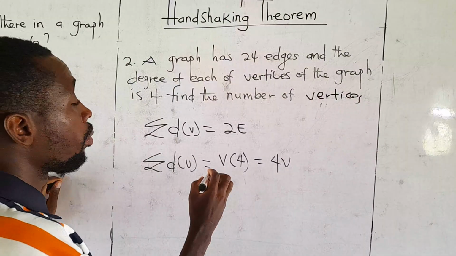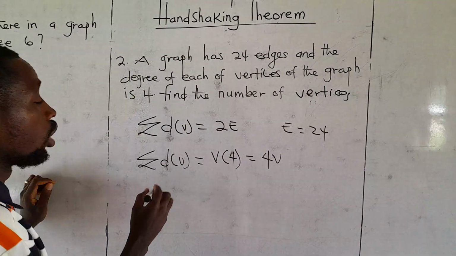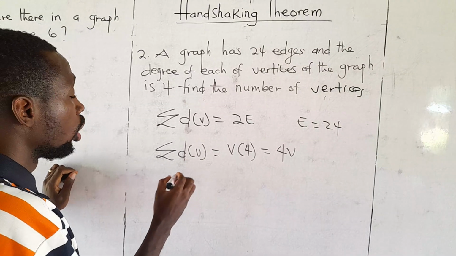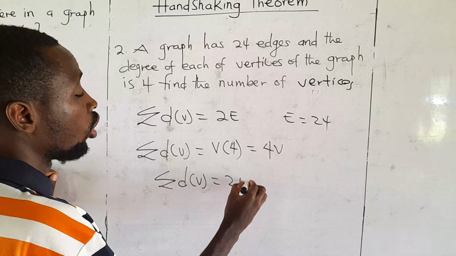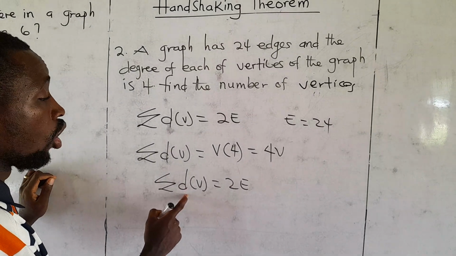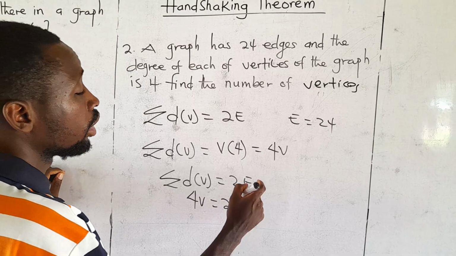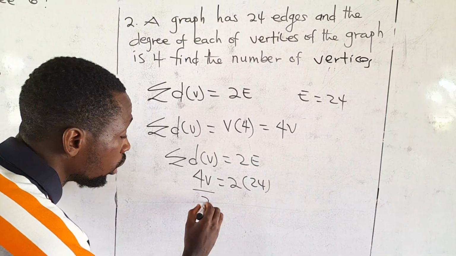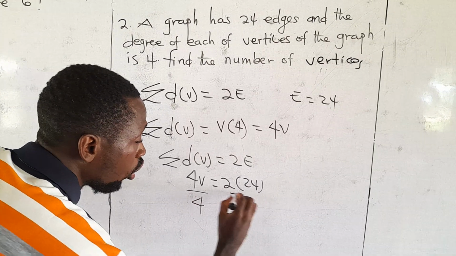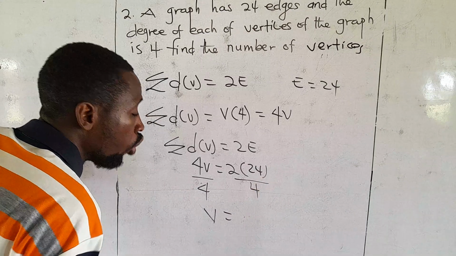The number of edges is 24. So by the handshaking theorem, 4v is equal to 2 times the number of edges, which is 24. Now we can divide both sides by 4 to find the number of vertices. So v will be equal to 4 going into 24, 6 times.